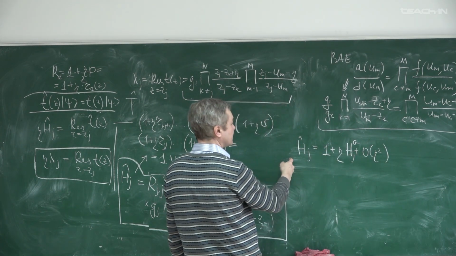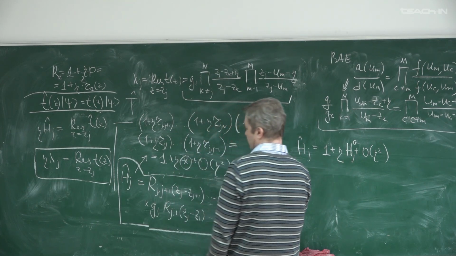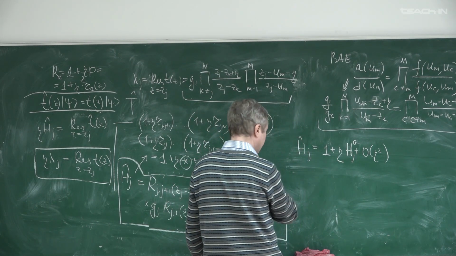So the number of Gaudin Hamiltonians is the same as the number of spin chain Hamiltonians.